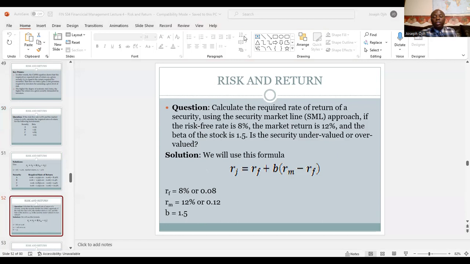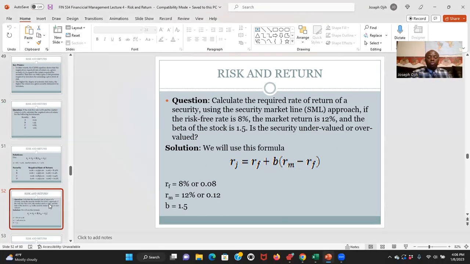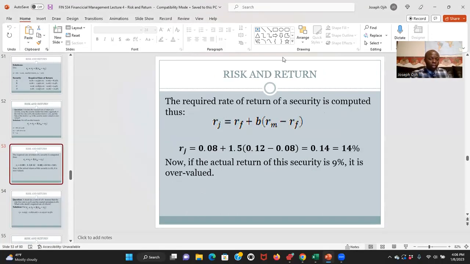So next is to plug them into this formula. We have 0.08 for the RF, for beta we have 1.5, and the market return RM is 12% minus 8% for the risk-free rate. So the required rate of return is 0.08 plus 1.5 times 0.12 minus 0.08.